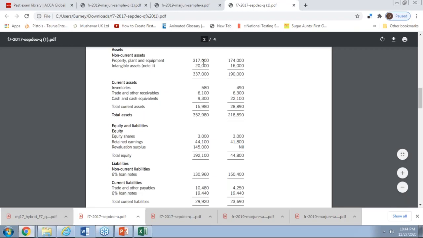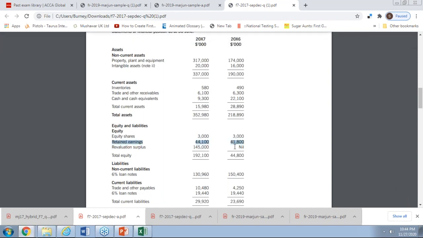Okay, number one. The second thing is, when we had no revaluation in the last year and we have a revaluation in the current year, then compared with the previous year the equity will increase by a substantial amount.